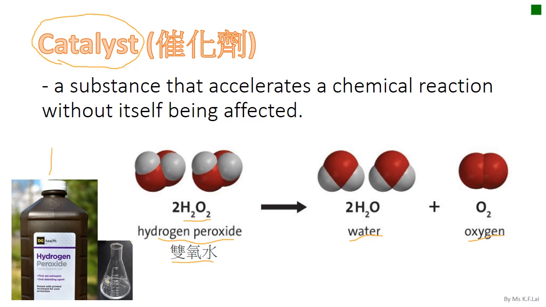So if you buy a bottle of hydrogen peroxide, maybe after 10 years all of it will be broken down to water and oxygen. 10 years is a very long time. How can I make it faster? We can use something called a catalyst. So we can look at an experiment.